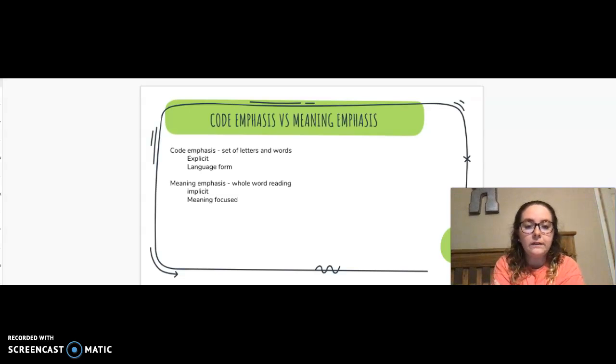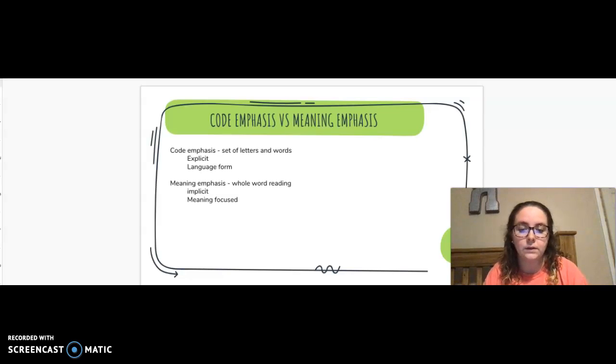We then have code emphasis versus meaning emphasis. Code emphasis requires a student to learn specific codes or letters and words, and that is controlled by the teacher or the lesson, and that is needed for phonemic awareness.